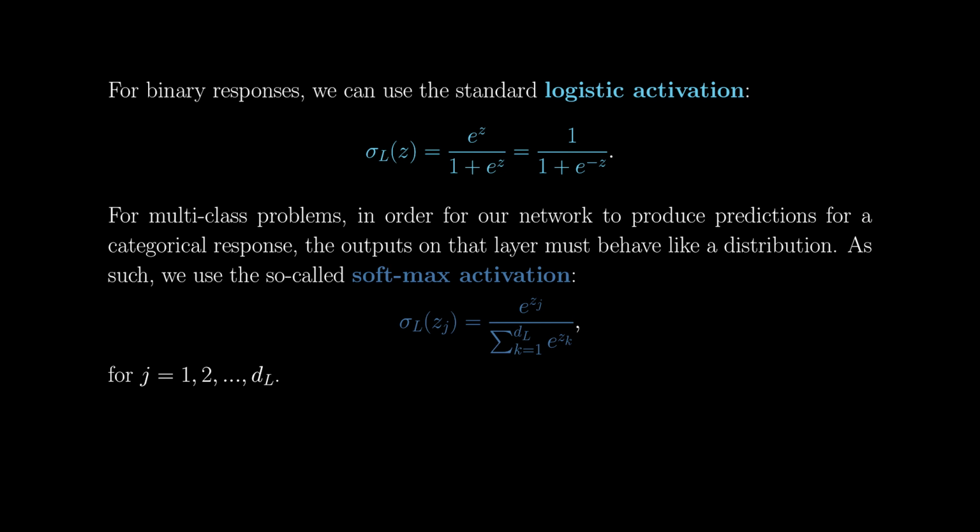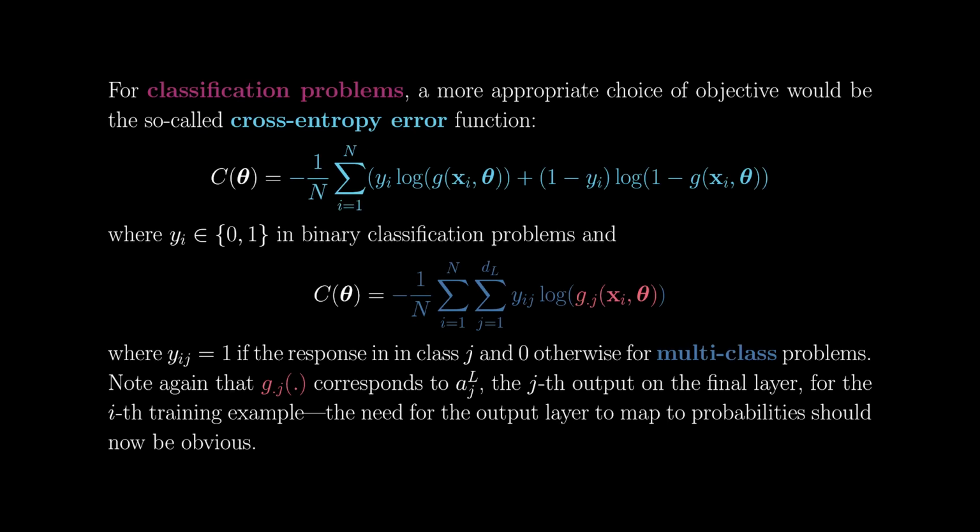Now, if you look at the structure of, say, the softmax activation, it should be obvious why that constraint would be satisfied by that particular activation function. Now, in the case of categorical responses, we also need to tailor the objective function in order to cater for the fact that we are comparing a discrete distribution to a categorical outcome. So for these purposes, we use the so-called cross-entropy objective function.